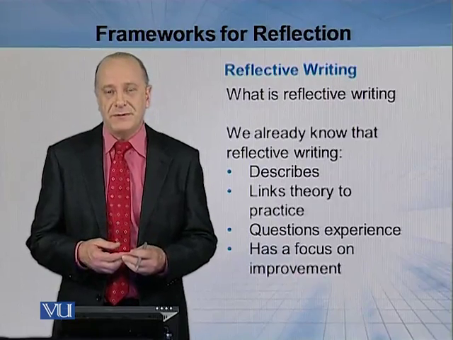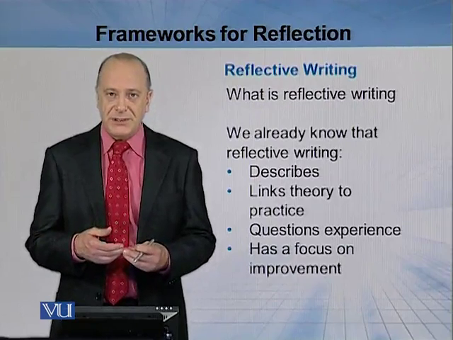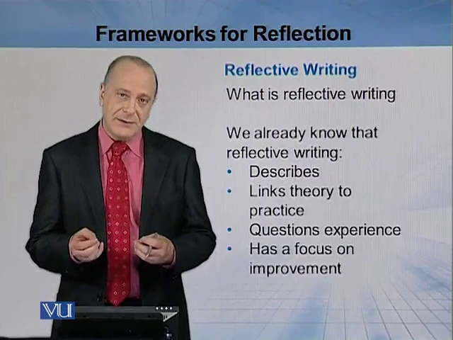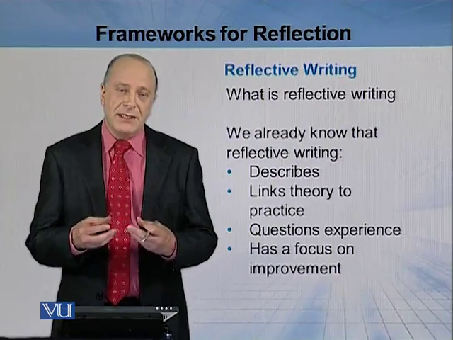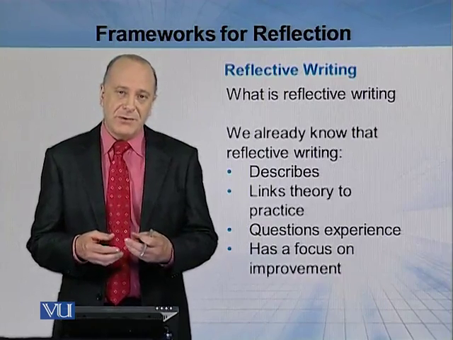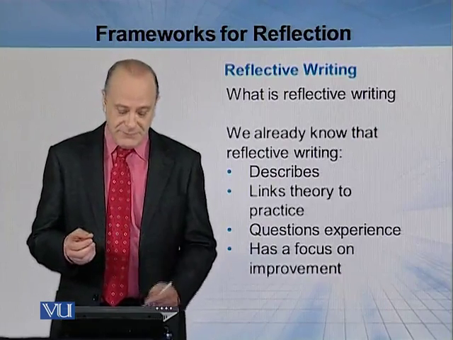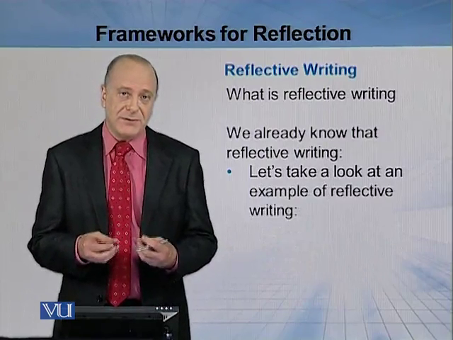So one part of reflective writing is description, the other part is interpretation. And then finally, the reflective writing has a focus on improvement, or in other words, looking at outcomes. So there are three components to reflective writing that the reflective practitioner needs to think about.